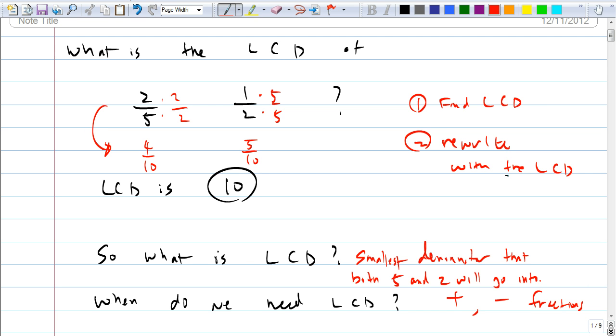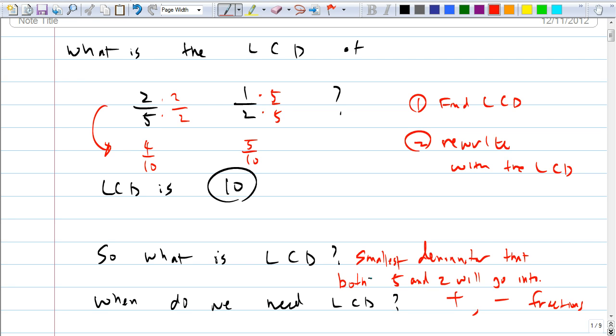Okay. Any questions? What does it say after that? That both 5 and 2 will go into, both denominators. Isn't that what LCD is? 5 has to go into 10, 2 has to go into 10, right?